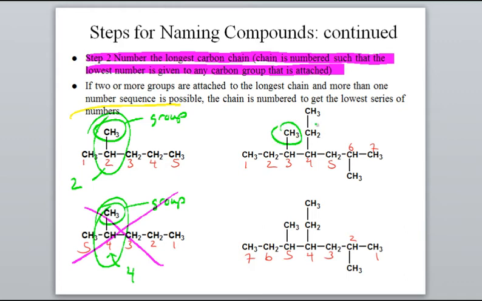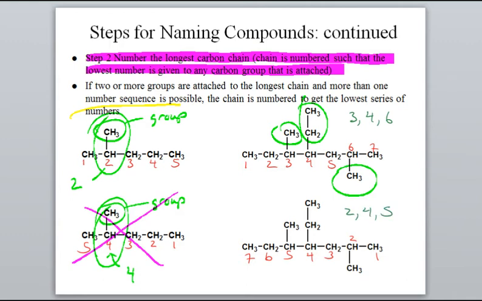This is a 2-carbon group, and this is another single carbon group. As far as the carbons, the top one has groups on carbon number 3, 4, and 6. On the one below, there are groups coming off of 2, 4, and 5.